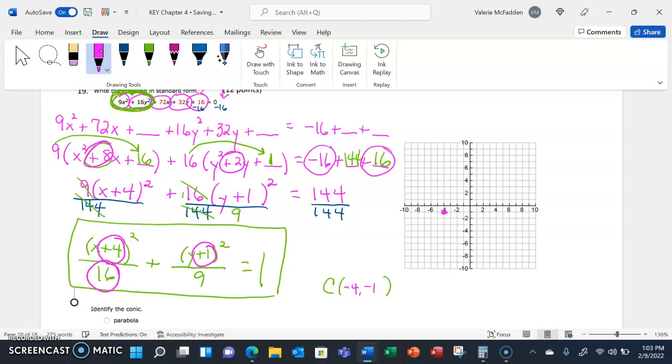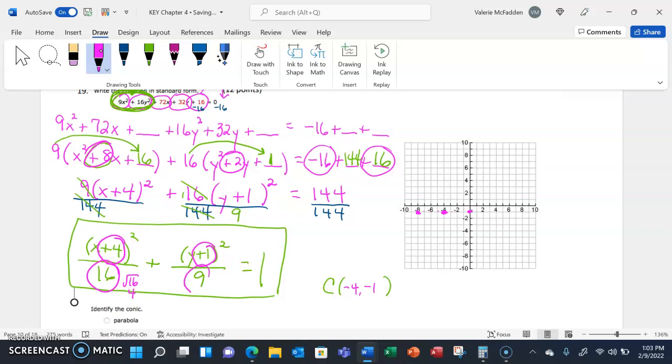On the x-axis, we're going to move the square root of 16, because that's a squared. We're going to move the square root of 16, which is 4. So we're going to move 4 on the x-axis, left and right. So from the center, 1, 2, 3, 4 to the left, and 1, 2, 3, 4 to the right.